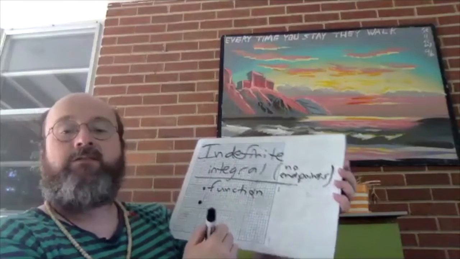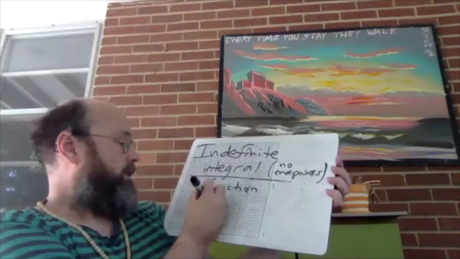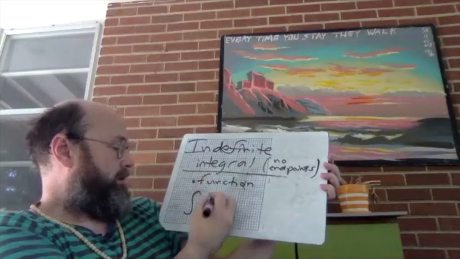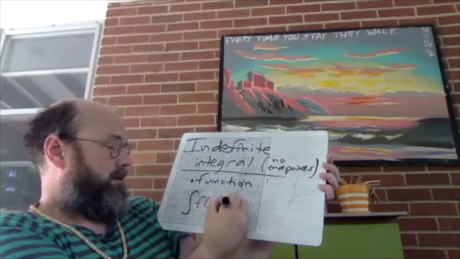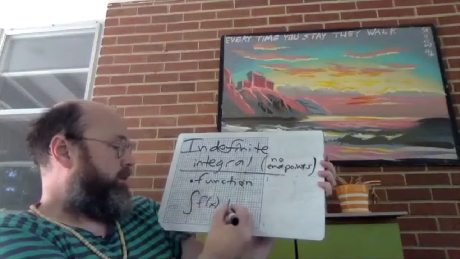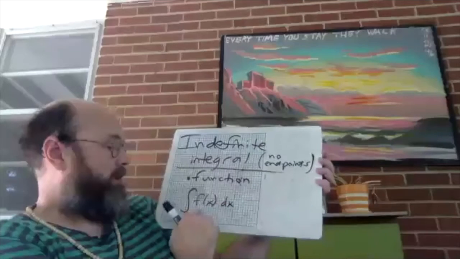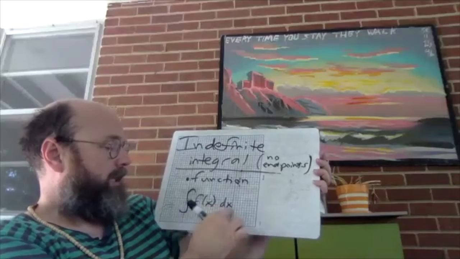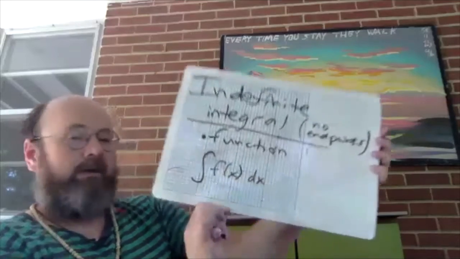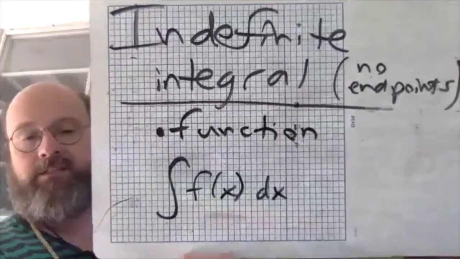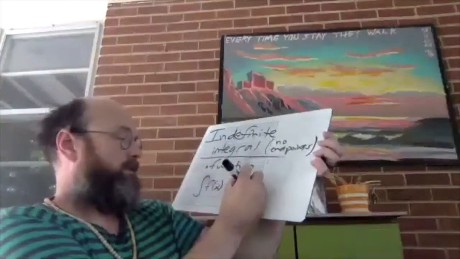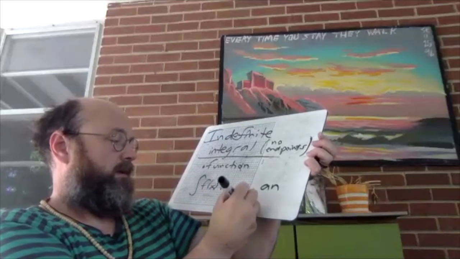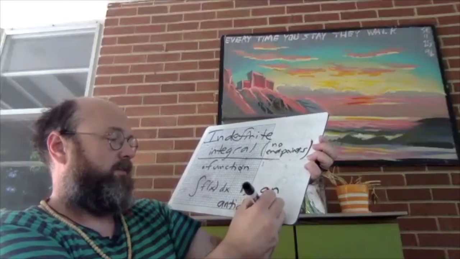And in fact, what kind of function is it? You would write this. Notice I put an integral symbol and a dx over here, and then I put the function in between. You have to have both. If that's not x, then that's not x either. Cool? An indefinite integral looks like this. This is an antiderivative.